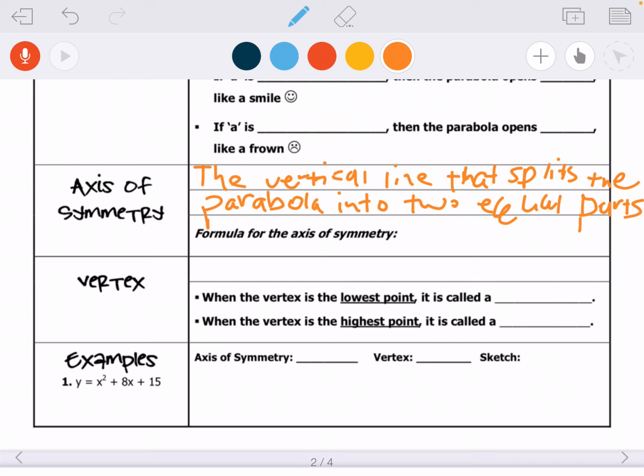Now we can solve for the axis of symmetry. The little formula is x equals negative b over 2a. That is an important little formula there. x equals negative b over 2a. Now when the vertex is the lowest point, like when we had above, that is called a minimum.